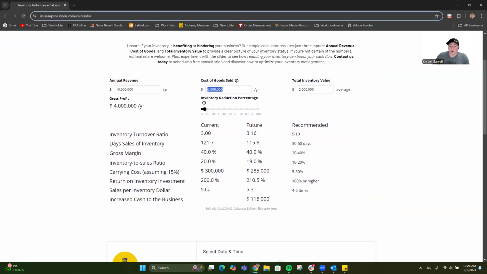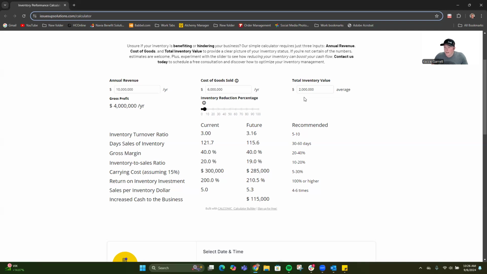So this first column here is going to tell you, based on those numbers above, what is your inventory turnover ratio, days sales of inventory, gross margin, inventory to sales ratio, carrying costs. This is assuming that your carrying cost of inventory is 15%. Obviously, if it's different, then you'd have to adjust that. And then we also have return on inventory investment and sales per inventory dollar.